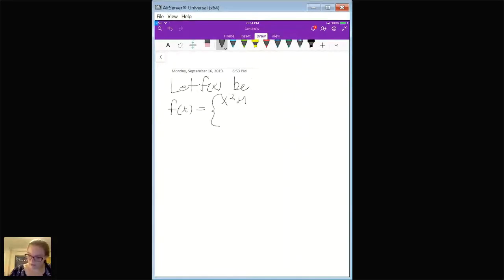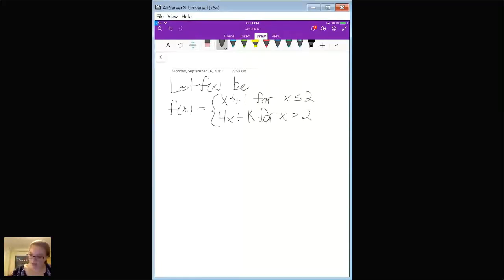This only has 2 pieces. For x less than or equal to 2. And then we've also got 4x plus k. So let me rewrite this because that is going to get confusing. x squared plus 1, 4x plus k for x greater than 2.